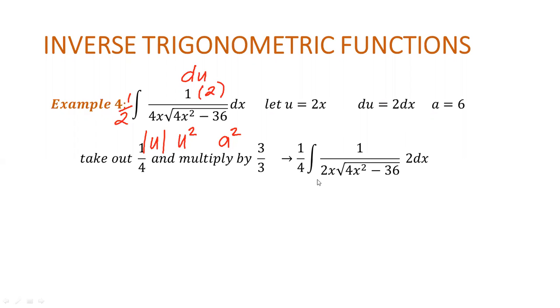So it's the same thing. What was set aside here is the constant 1/4. It was placed outside. The 2 was placed in here, so that would now be representing the u from the u squared, which is 4x squared. It's still the same. So in this case, you need not multiply by 3/3.